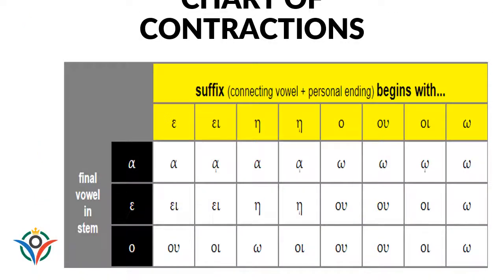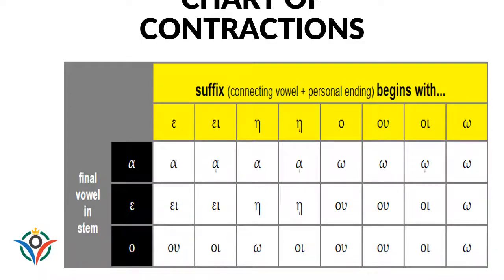Now, scholars have put together a chart that lists all the possible contractions. The chart is, of course, very helpful, but instead of memorizing it, you should memorize the rules and exceptions that explain it.